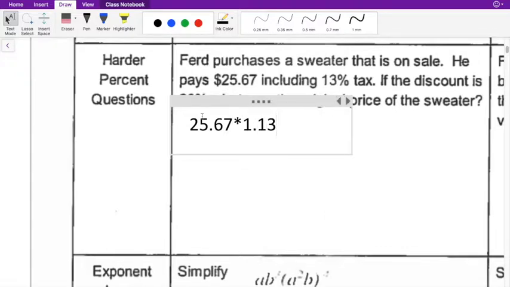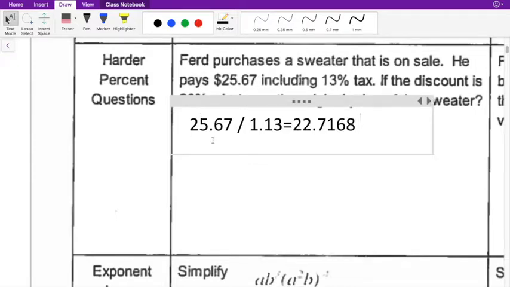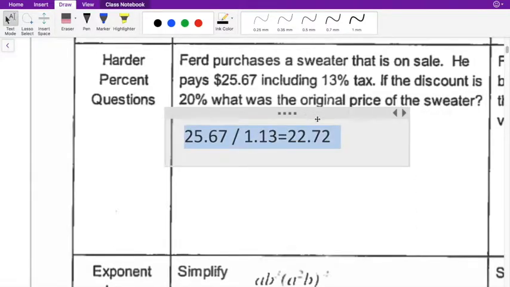But we want to go backwards, so we're going to use divide. This is my symbol for divide today. Divide by 1.13, and that is going to equal 22.72. So the price before tax is 22.72.